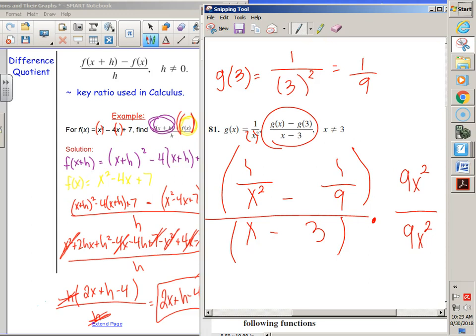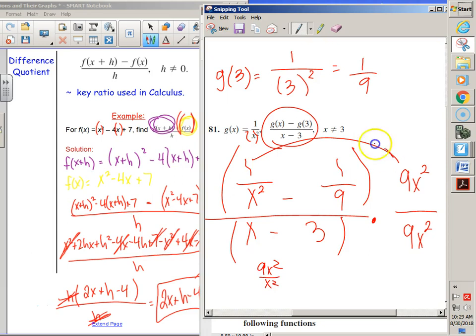Wait, is it legal to multiply something by the same thing, top and bottom? Yeah, totally. I can multiply by 5 over 5, 2 over 2, 1 over 1, or 9x squared over 9x squared. Why? It makes everything nicer. Because if I distribute the 9x squared here, wouldn't I get 9x squared over x squared?